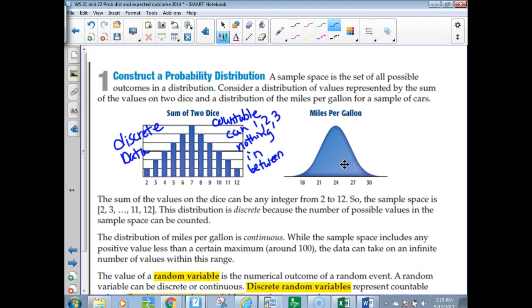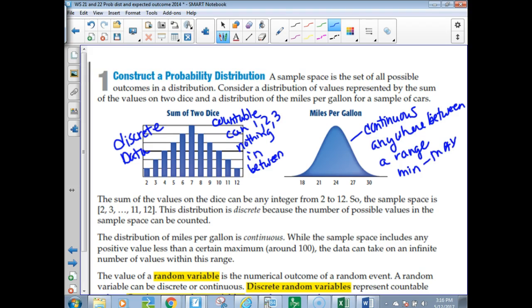If there's stuff in between, like if you were doing your car mileage, miles per gallon that you get in a car, that's this distribution. This is continuous. Anywhere between the max and the min. So anywhere between a range of values. Minimum to maximum number. So it's between there, and it's got decimals involved.